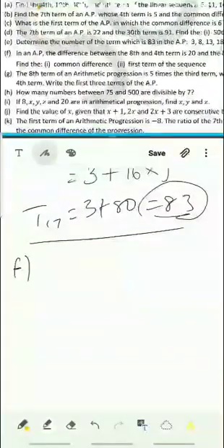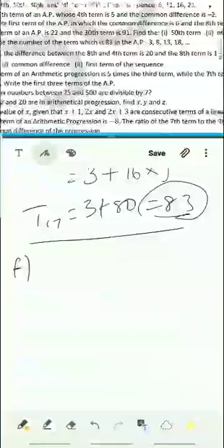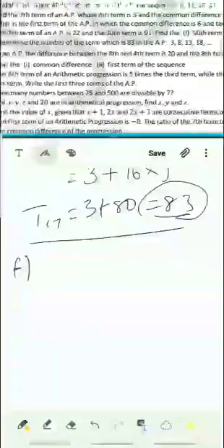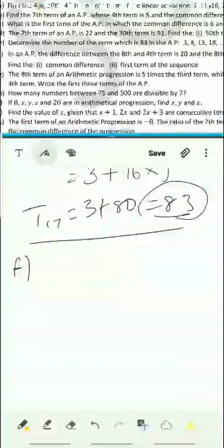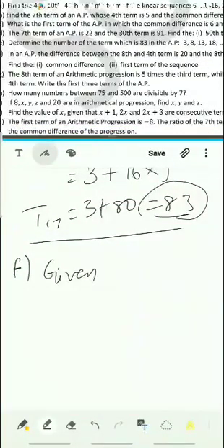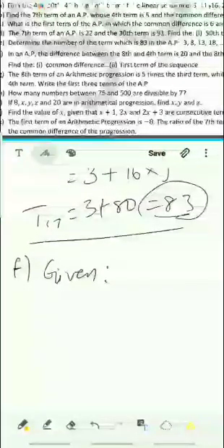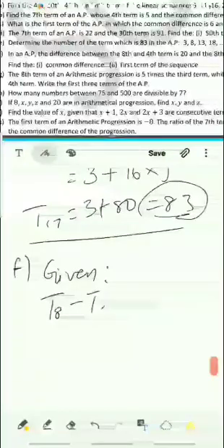In an AP, the difference between the 8th and the 4th term is 20, and the 8th term is 1.5 times the 4th term. Find the common difference. Okay, so given, in an AP, the difference between the 8th and 4th term, T8 minus T4, is equal to 20.